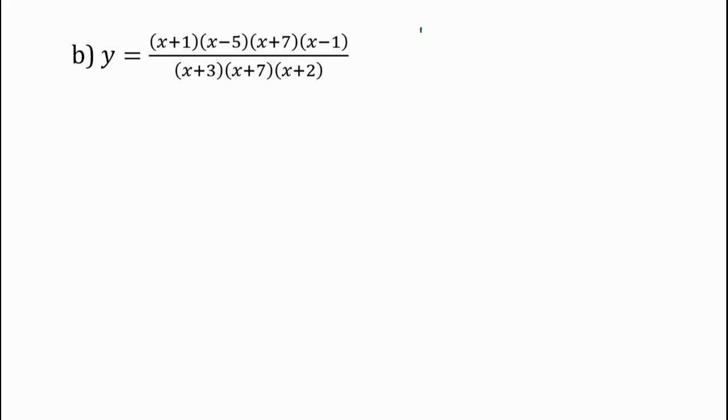Again, I'll start by saying let y equal f of x, just so I'm allowed to use function notation. Anybody notice anything about this one? Yep. The hole. So we're going to cancel those out.